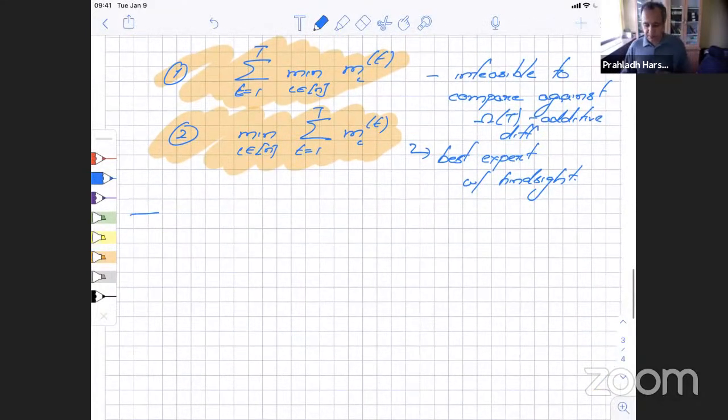Notice in the infallible expert case, both these are the same measure, because there's one expert who's going to get it correct all the time. The reason we had to come up with this is because there is no infallible expert here. Therefore, there might not be one good guy, or the best guy might be making mistakes at various single time steps, at various points of time. All you want to do is compare yourself against the best expert with the knowledge of hindsight.